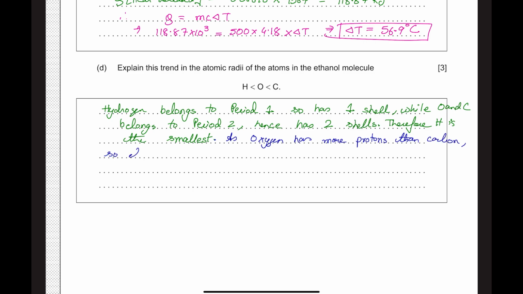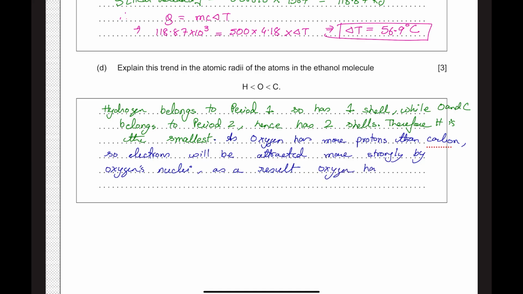So electrons will be attracted more strongly by oxygen. As a result, oxygen has a smaller atomic radius compared to carbon.